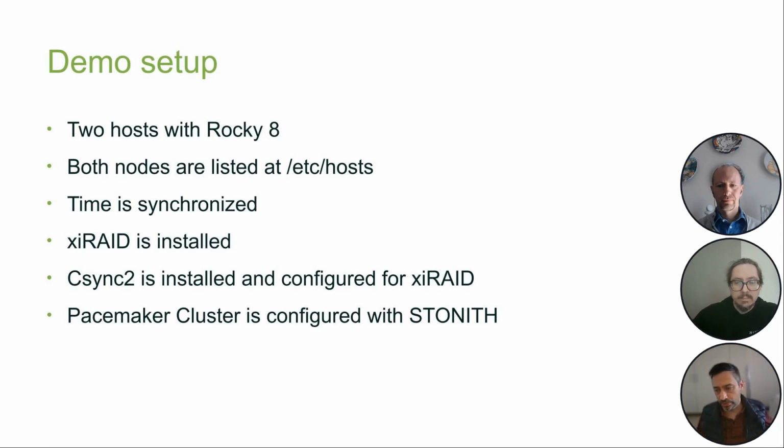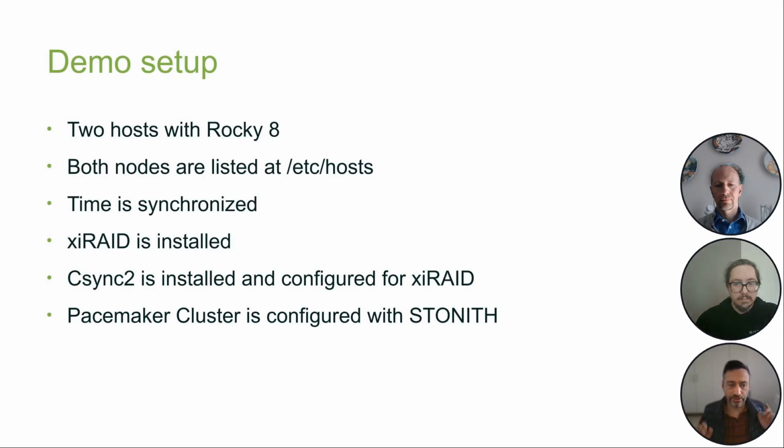All of these configurations are valid, because our goal in xiRAID 4.1 was to allow our users to create their own clusters with xiRAID. We don't provide a specific xiRAID configuration; we provide an agent allowing users to create the configurations. So we have these nodes, we have shared drives, we have some pre-configuration done. Both nodes are listed in each other's hosts files to allow them to be resolved, we have time synchronized, and we have a beta version of xiRAID 4.1 installed on both nodes.